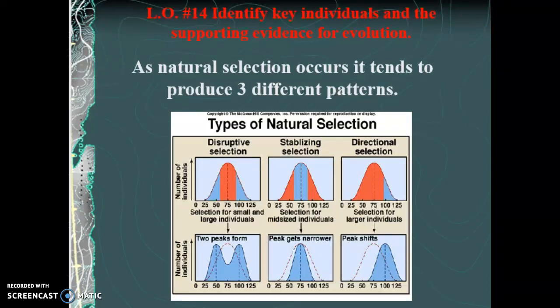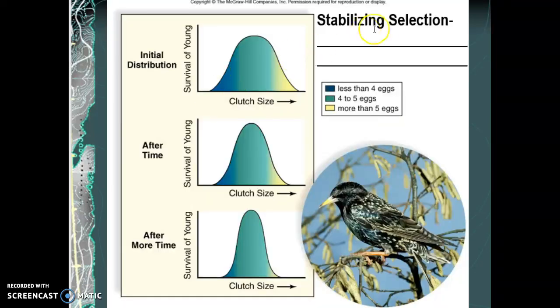There are 3 patterns of change that populations tend to go through: disruptive, stabilizing, and directional. So natural selection produces these types of selection or change in populations. All right, so what we're going to look at here is the different types and how they work.